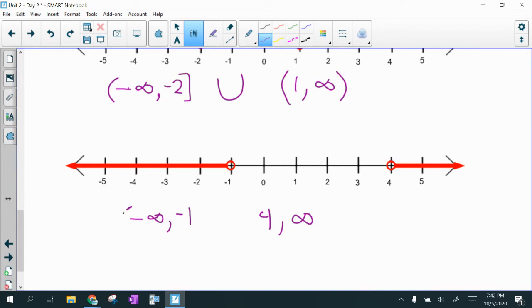Anything that's infinite gets a parenthesis, and since they're both open dots, I put parentheses there. Then I slap the U in between. We're not getting into the technical math setup, which is x is an element of that. Don't worry about it.